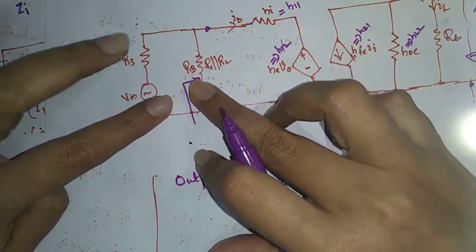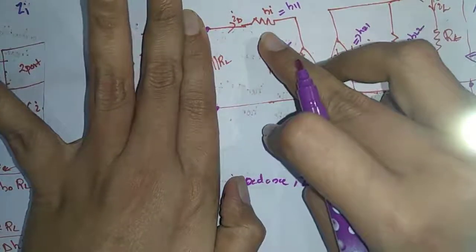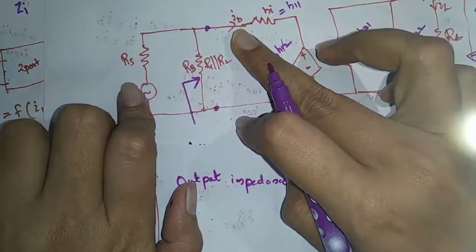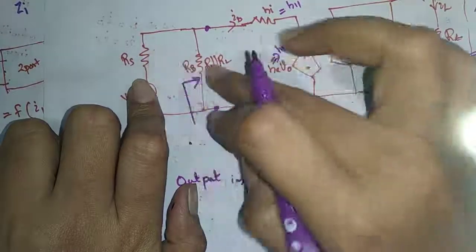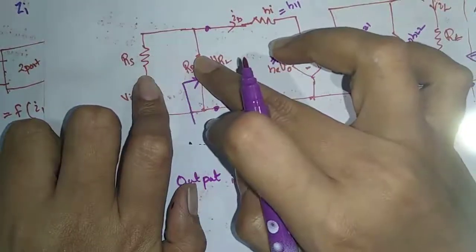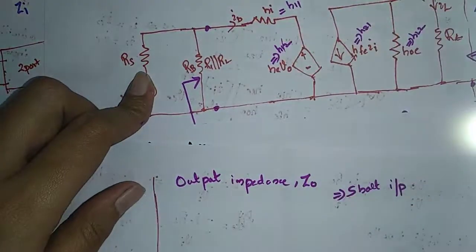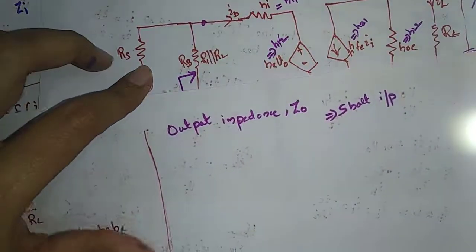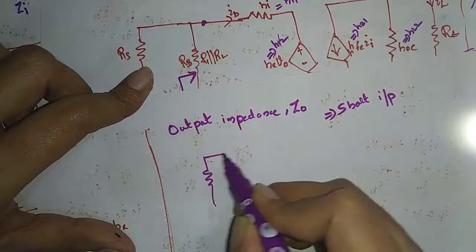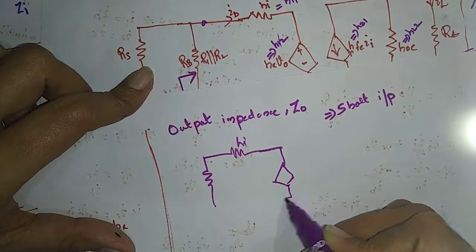So I will have a series resistance here, the same hi resistance here, and then the voltage source.